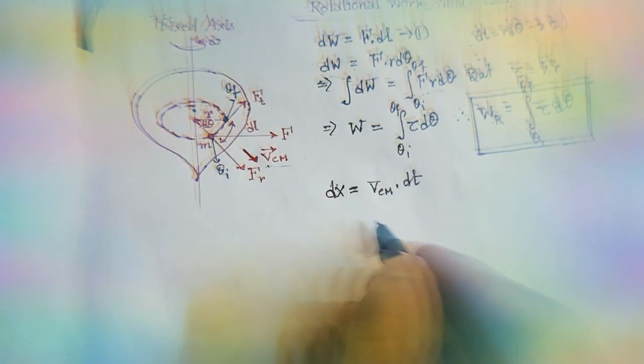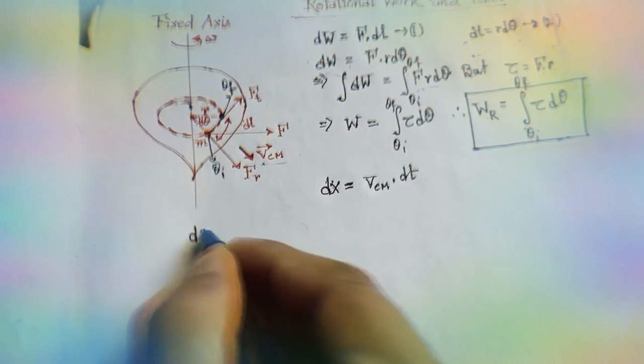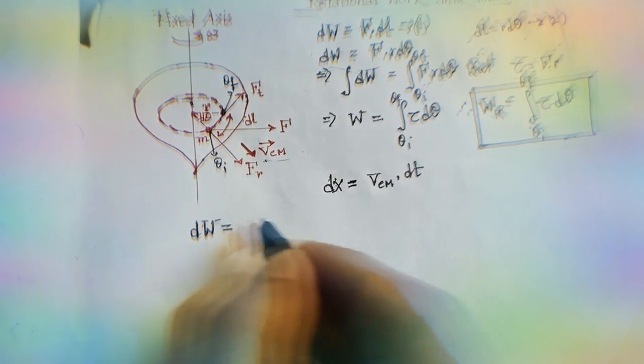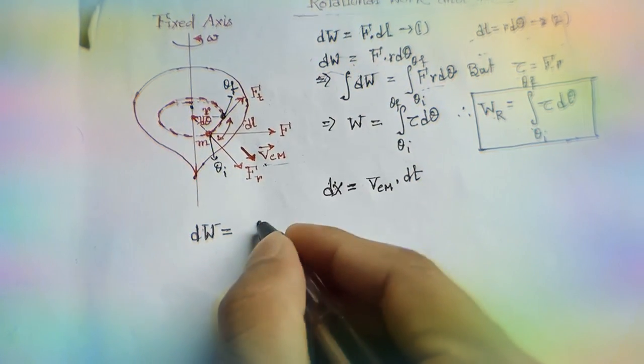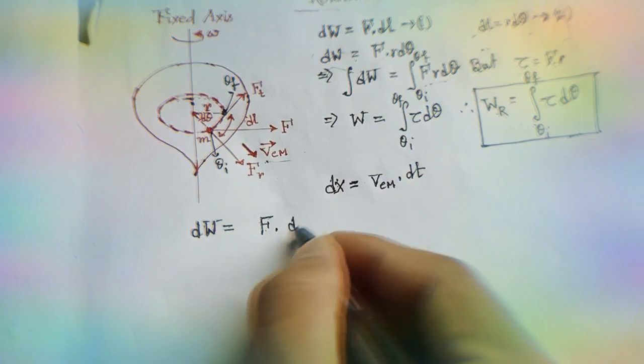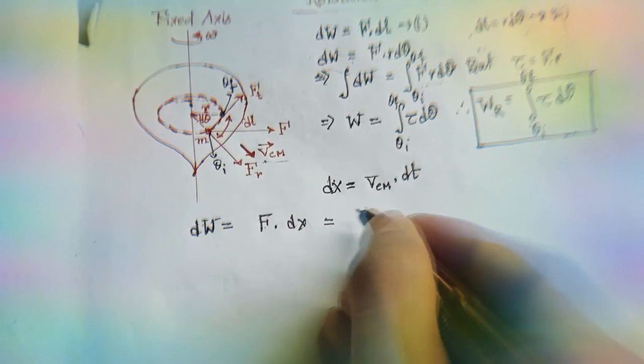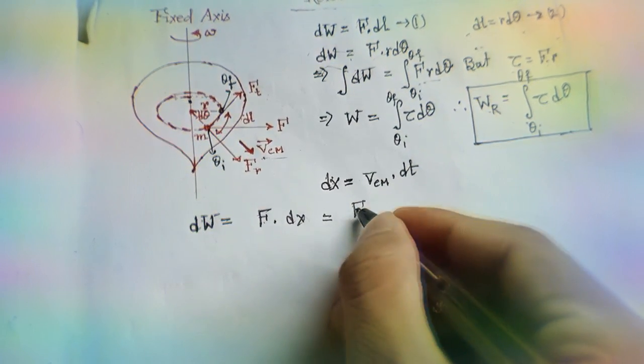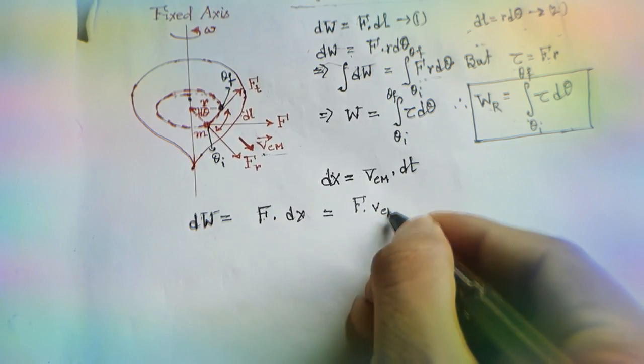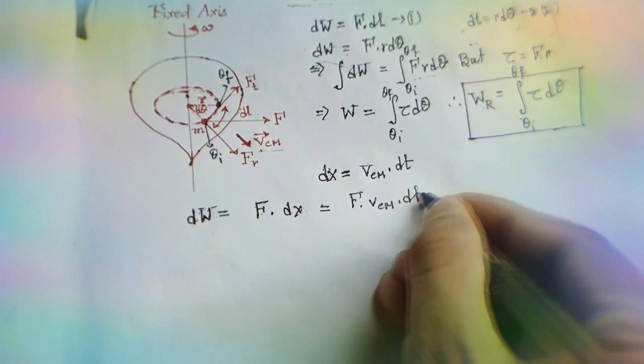So in that case our work done due to translatory motion dW will be equal to F dot dx, which again becomes F into vcm into dt.